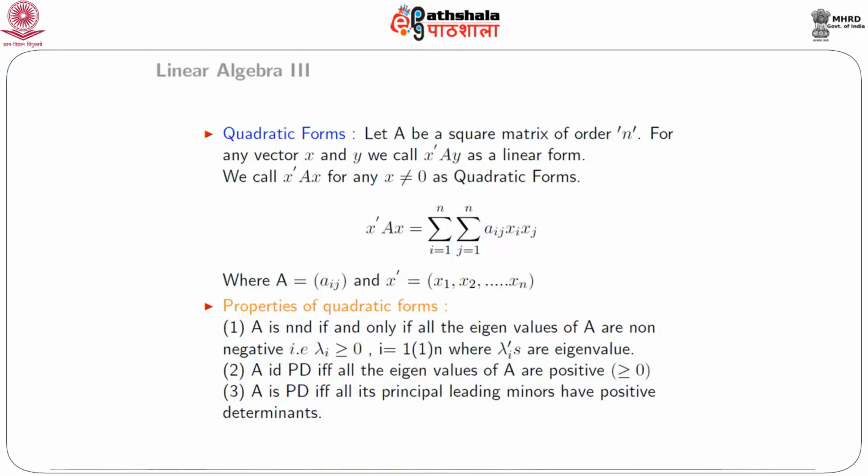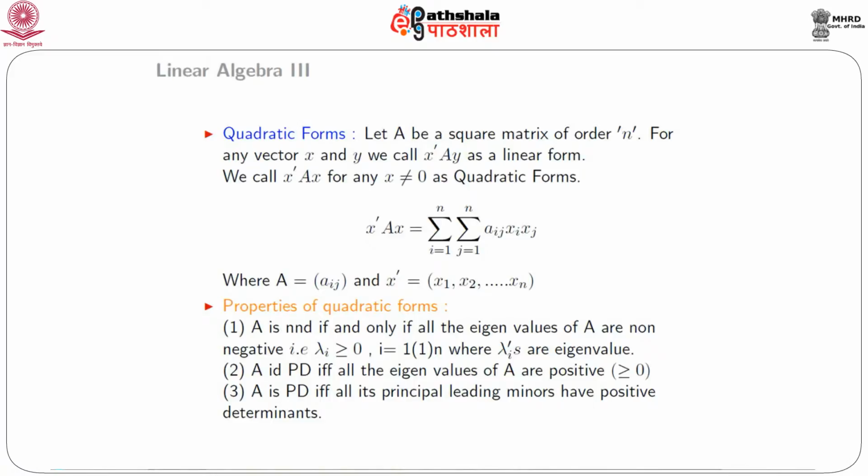Here, as a quick note, let me add that x transpose A y is more commonly referred to as a bilinear form because it is linear in both x as well as y. x transpose A x is the double summation of a i j x i x j, where A equals (a i j) and x transpose is (x 1 to x n).